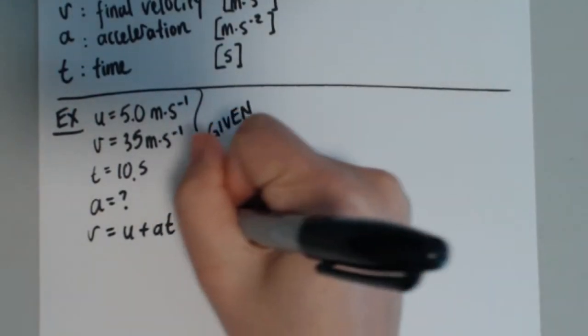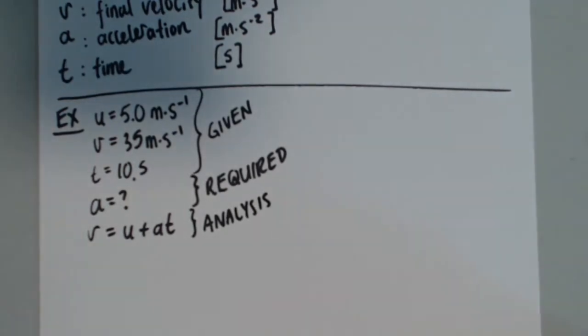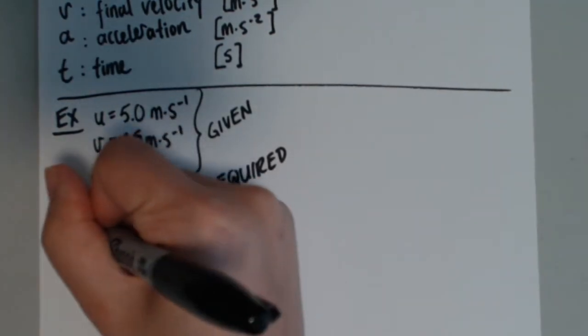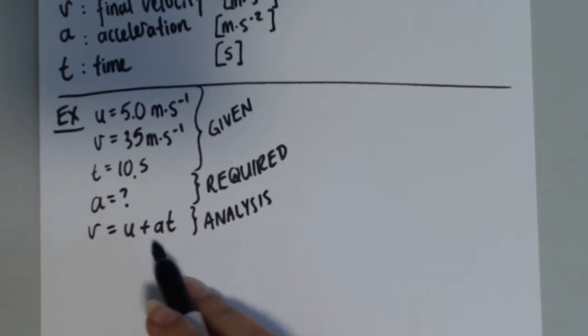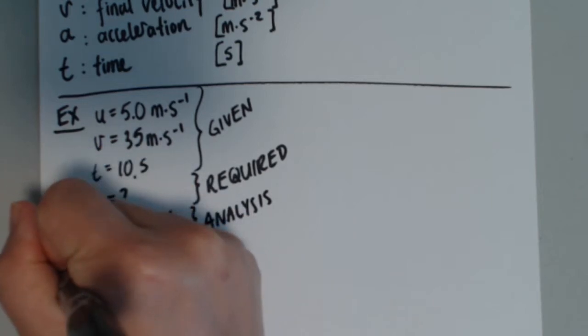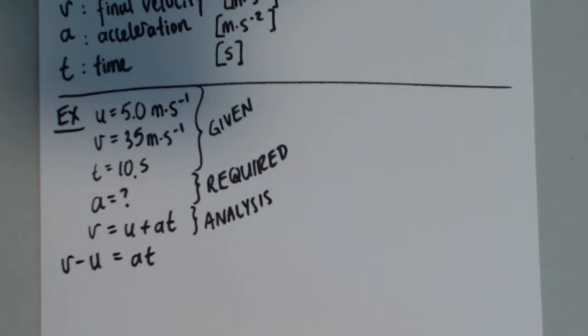This part is called the analysis, which formula you're going to use. So given, required, analysis. The next part is solution. Now, we are not solving for v here, we're solving for a, so we have to rearrange this for a. First we subtract u from both sides: v minus u equals at.